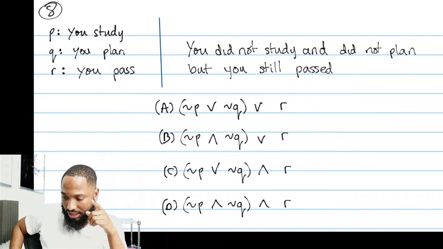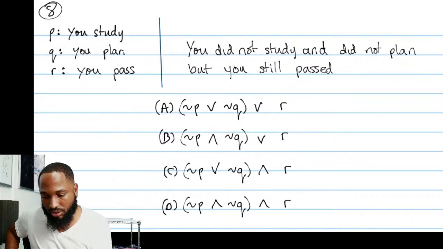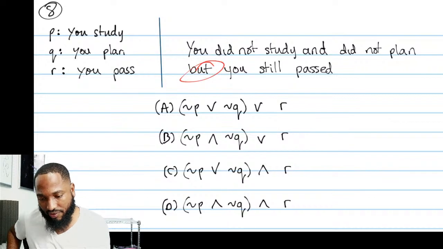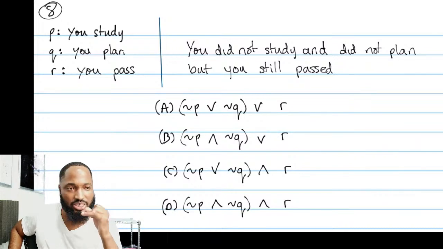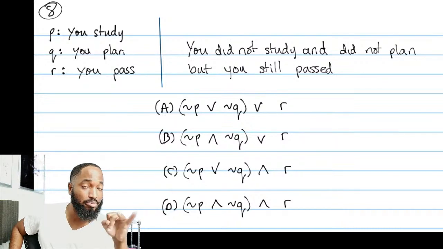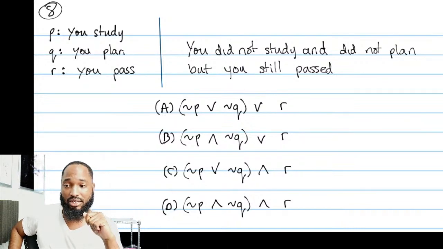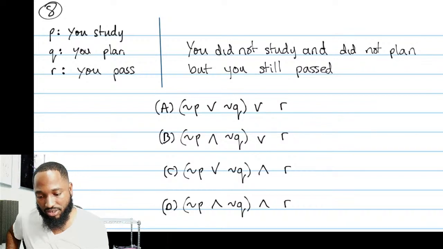Alright, you study. So with this question, we need to identify what but really means. What does but really mean? But is or and. That's what you need to ask yourself. And once you memorize that, you're ready for this question. Because you did not study and did not plan.